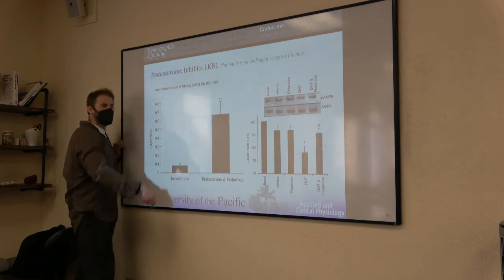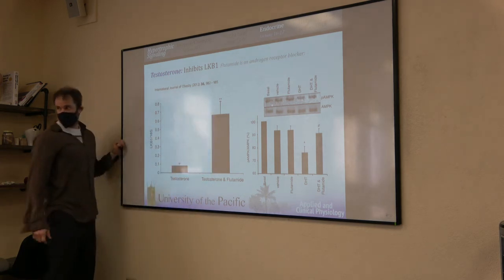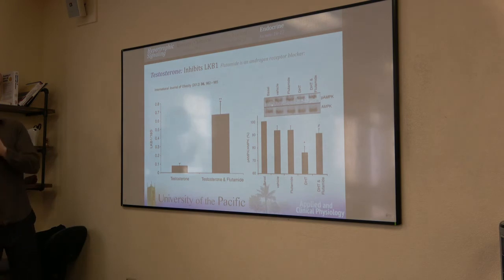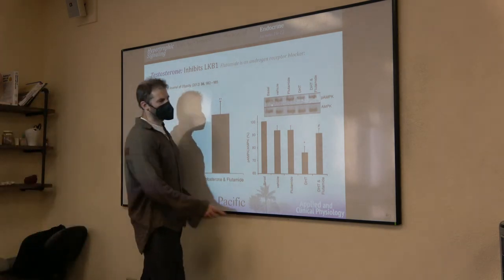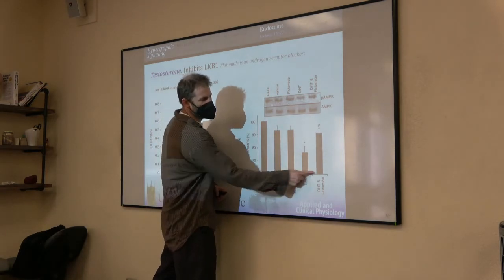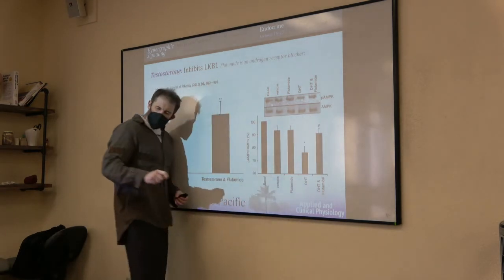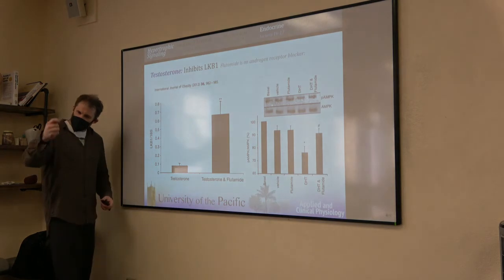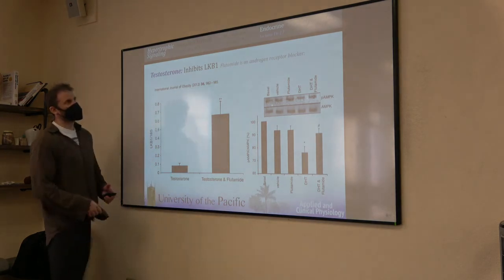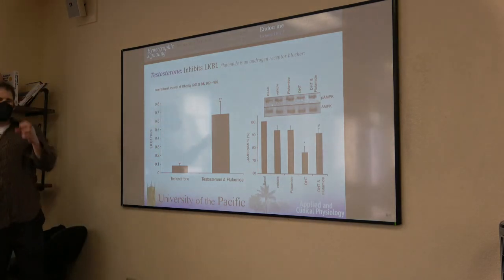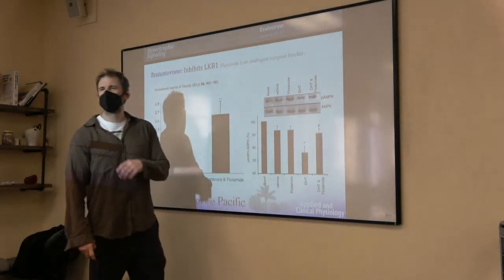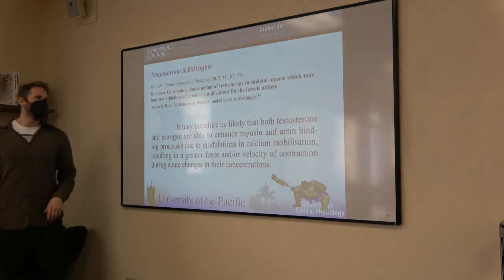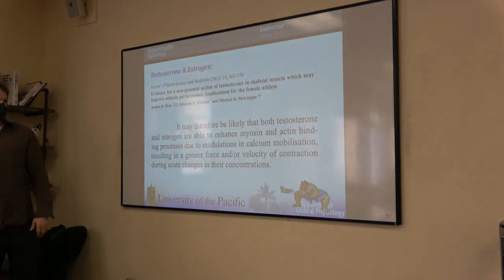Testosterone and a blocker. That really tells you it's a pretty direct effect. Dihydrotestosterone and the blocker. If you introduce an androgen and an androgen receptor blocker, you don't get the suppression of LKB1. So there's something close to a direct effect.